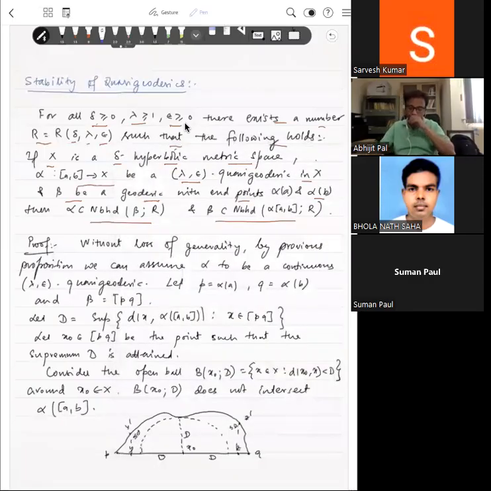Okay. So how to do this proof? The proof also is not very hard. So again, by the previous proposition, we can assume this alpha to be a continuous lambda epsilon quasi-geodesic.